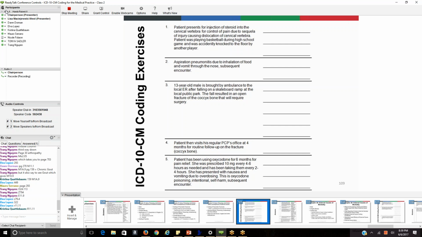I came up with a different external cause code than is in the answer. Let me take a look at what I came up with.